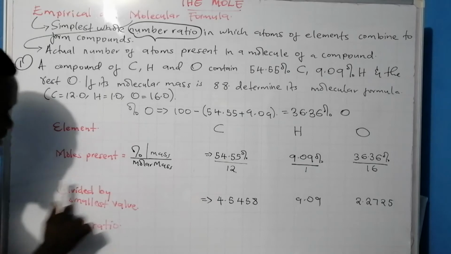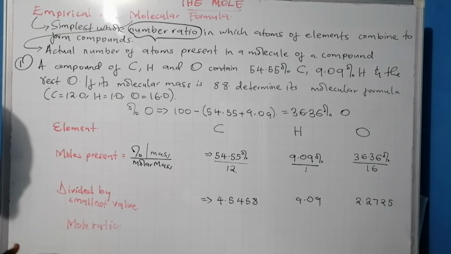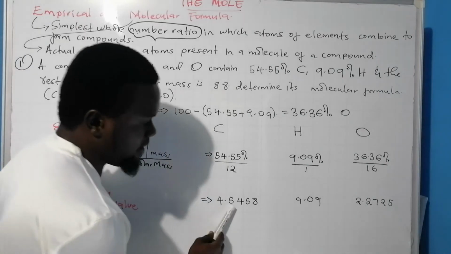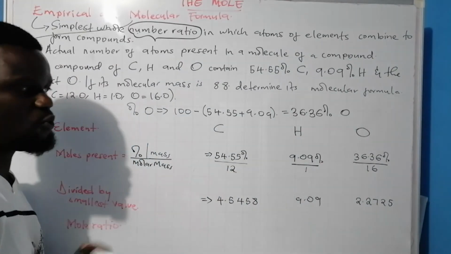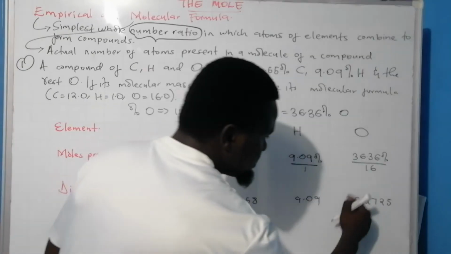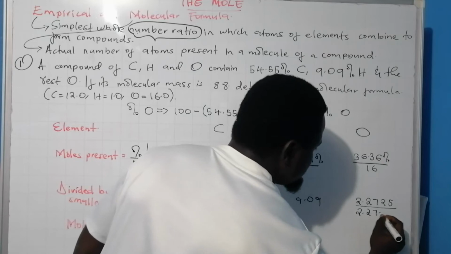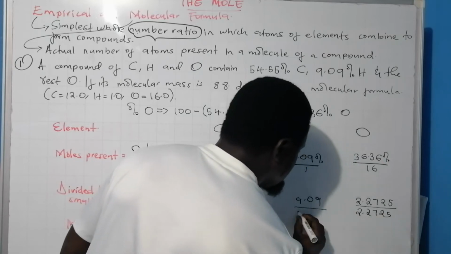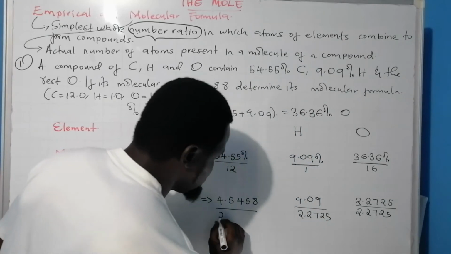The next step, we're supposed to divide those number of moles by the smallest value. So between 4.5, 9.0 and 2.2725, which one is the smallest? It is this one. So I divide everything by the smallest value. Divide this one by the smallest value. Divide this one by the smallest value.